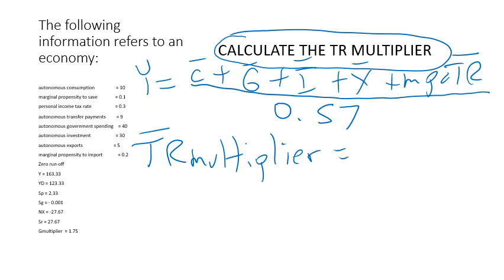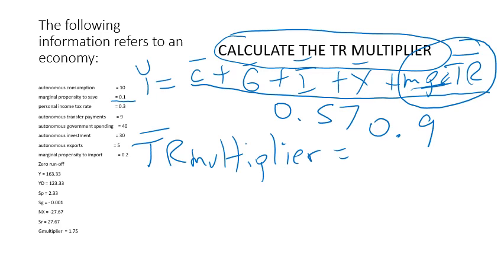So what is the coefficient of TR? It's not implied. It's 0.9. So where is MPC? Well, here it is. This is MPS.